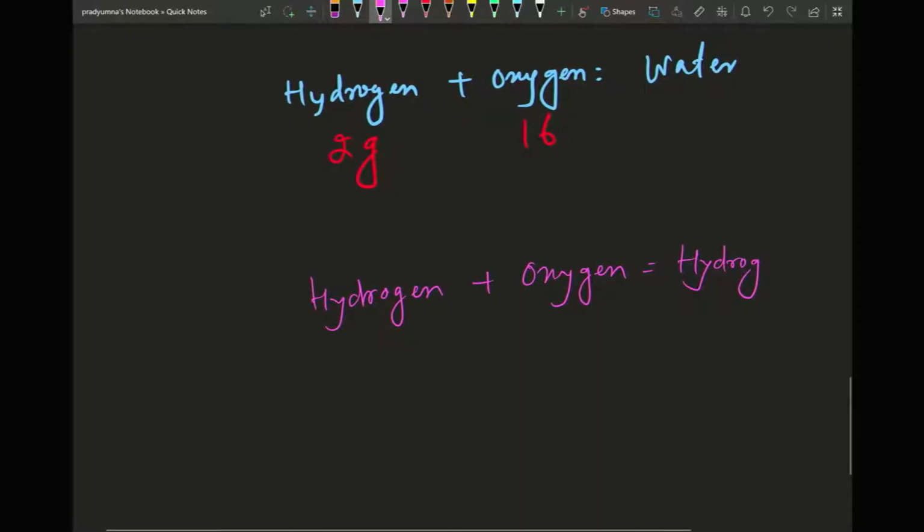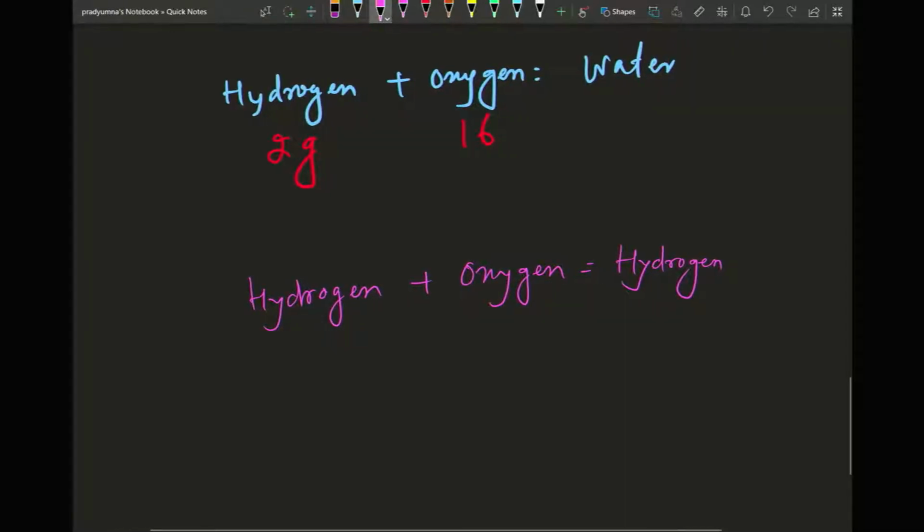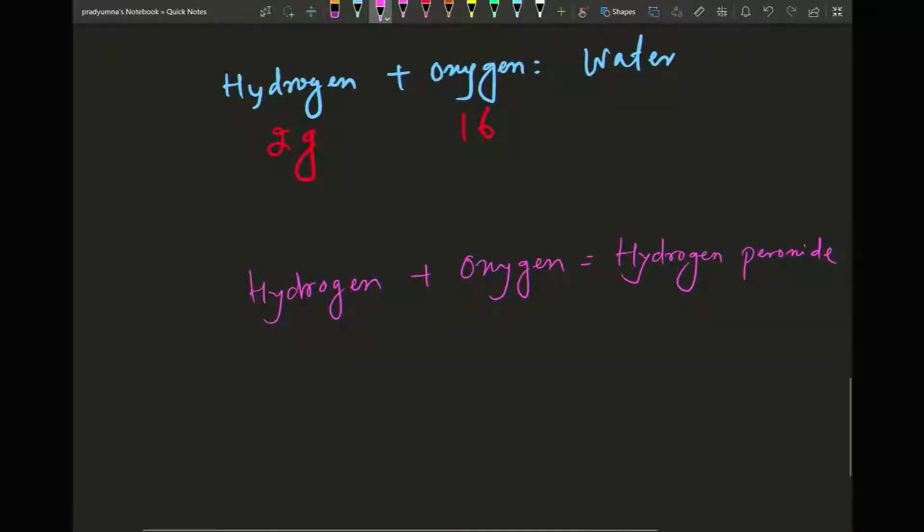By the way, I'm not writing the formula because we haven't gone through that portion of the chapter. I'm just writing the name, just like our ancestors did. They didn't know the formula at that time.